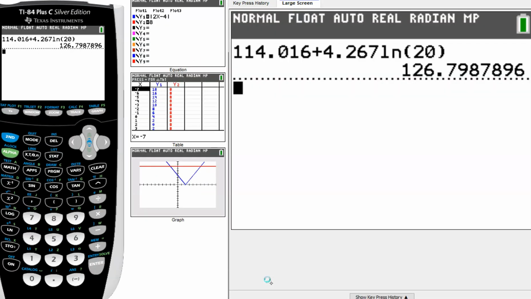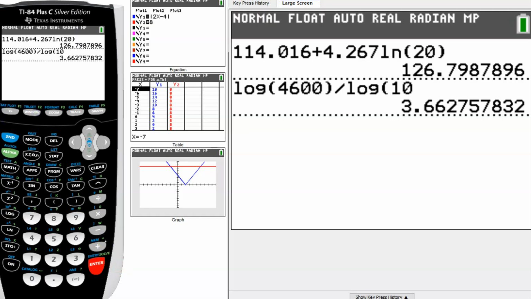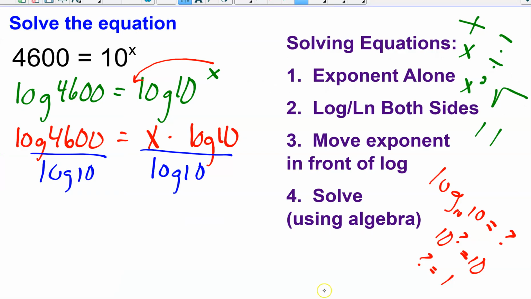And I'm going to use my calculator to do this one. So we would have the log of 4600 divided by the log of 10. And we're going to get 3.6628, and I'm going to round this to 4 places.